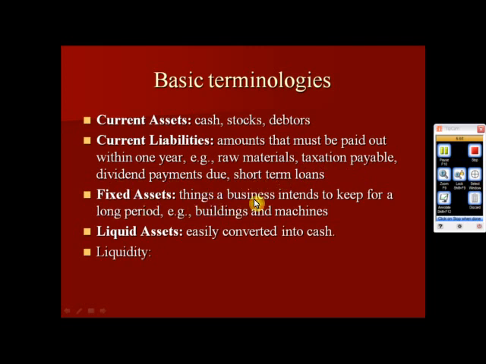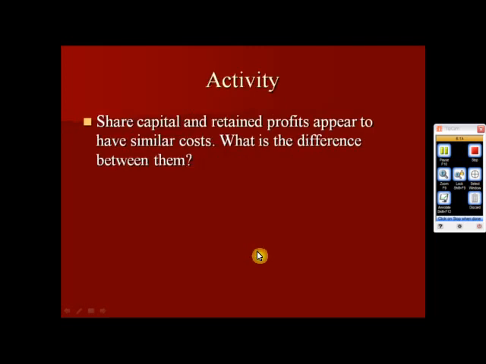Fixed assets are things a business intends to keep for a long period, for example buildings and machines. Liquid assets are easily converted into cash. Share capital and retained profits appear to have similar costs.